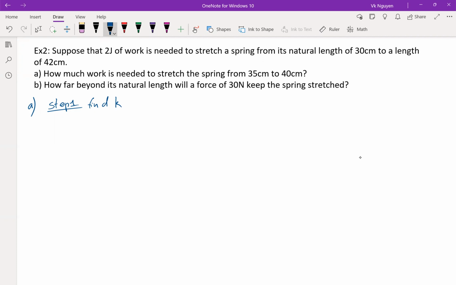So the equilibrium level is at 30, and we can figure out the stretch distance: 42 minus 30, since 30 is the equilibrium level.